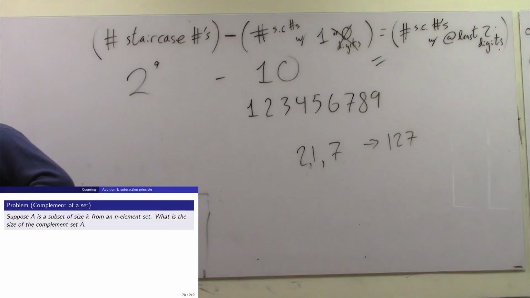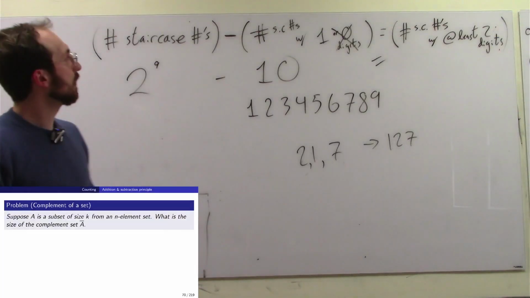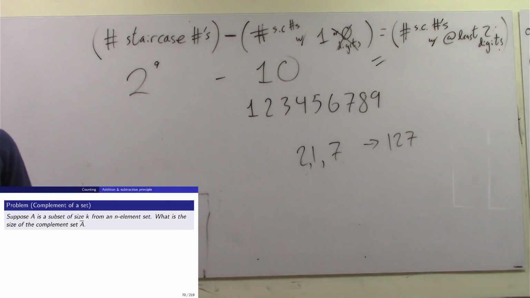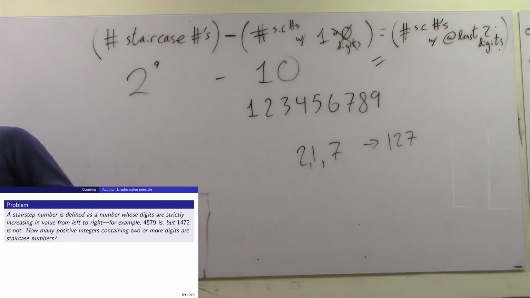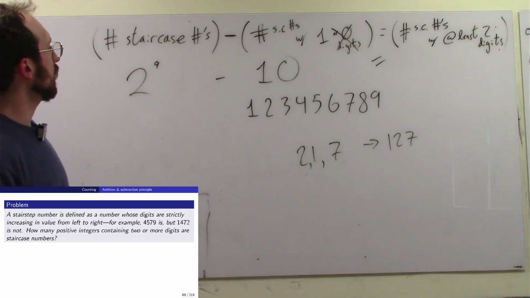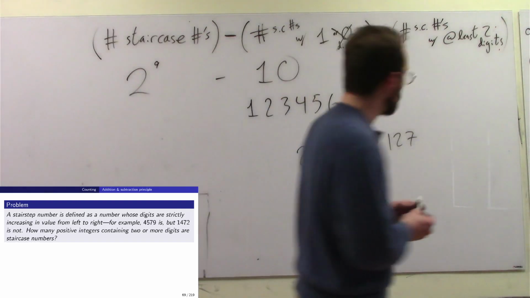Ryan, could I ask a follow-up? Please. What if we didn't want to count those of length 2 either? Would it be hard or easy to modify this? I think it wouldn't be too hard.